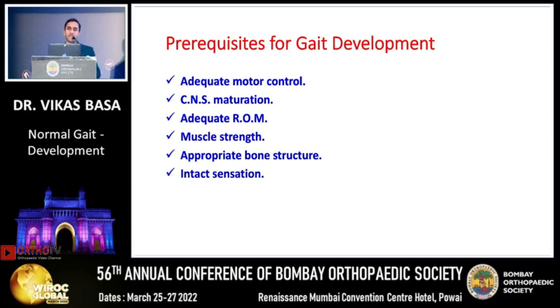Normal gait development is a combination of neurological, mechanical, cognitive, and perceptual factors. Though the brain and the CNS play a vital role in initiation and the control of gait, the proper joint movements, adequate strength in the muscles, and the normal structure of the bone actually execute a gait.